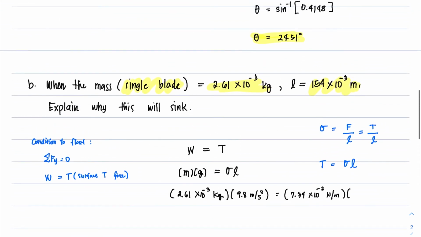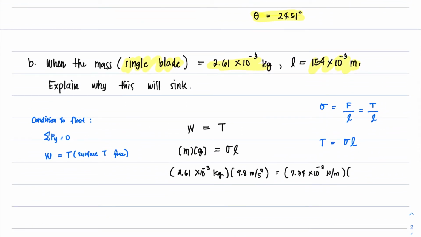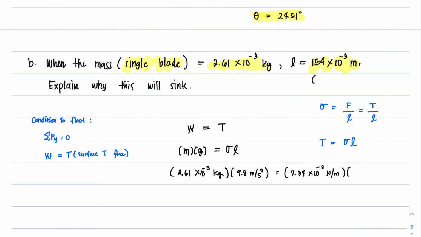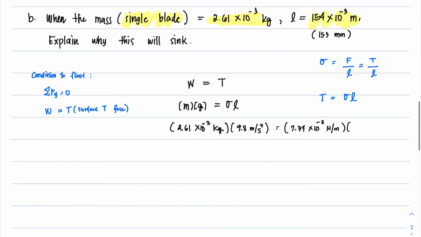The length is 154 times 10 to the negative 3 meters, originally given in the problem as 153 millimeters. So I just did a very basic conversion of units from millimeters to meters, 54 times 10 to the power of negative 3 meters.